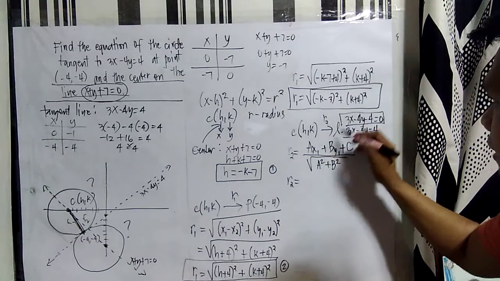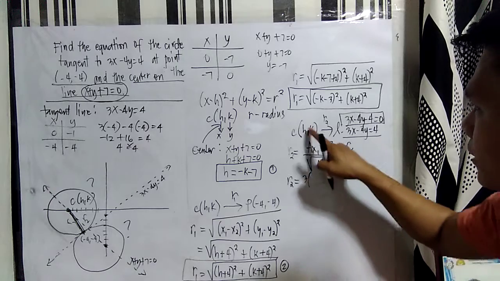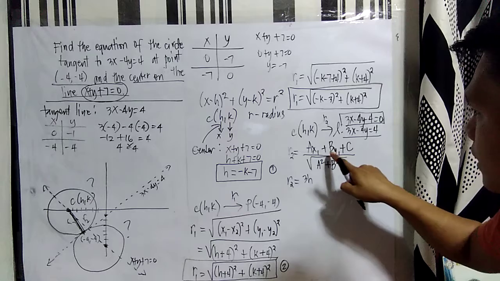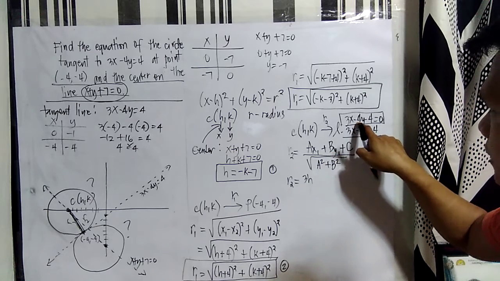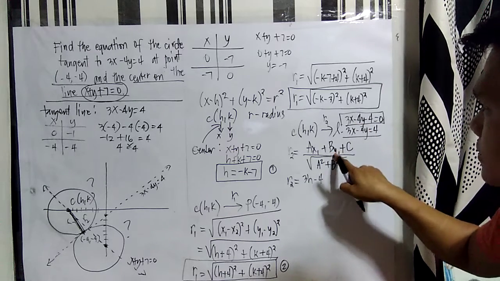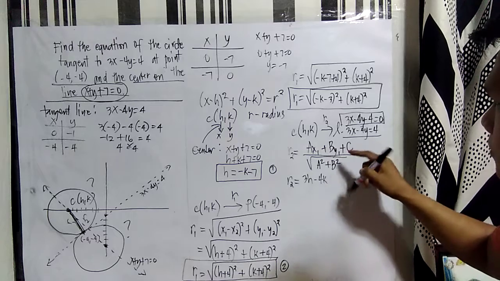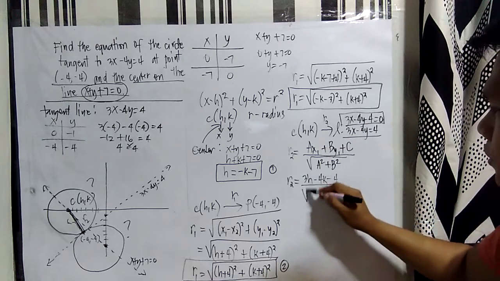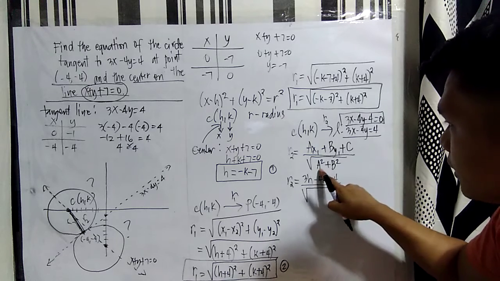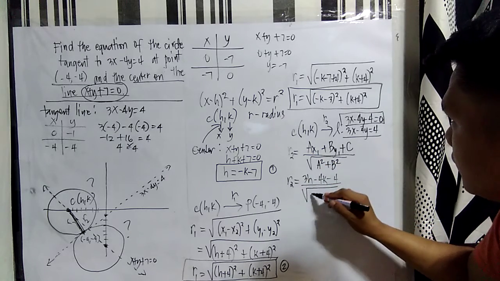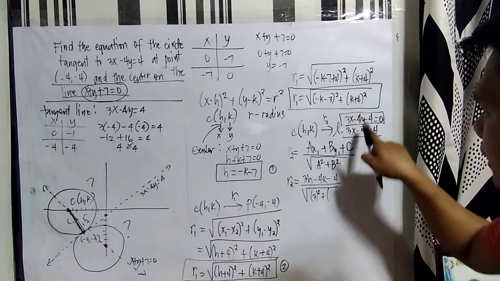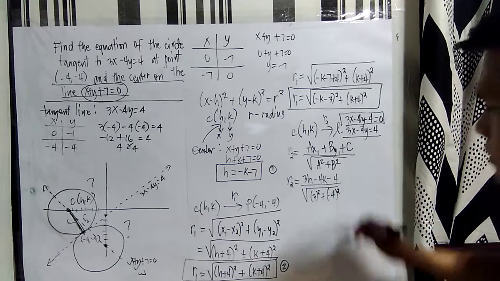So meron tayong a, that is 3 times our x sub 1. X sub 1 is h. We have b. Our b here is negative 4. Y sub 1 is k, plus c. Our c is negative 4. All over the square root of a square. Our a is 3. We have 3 square plus our b is negative 4, negative 4 square.